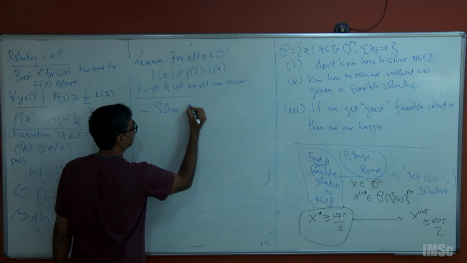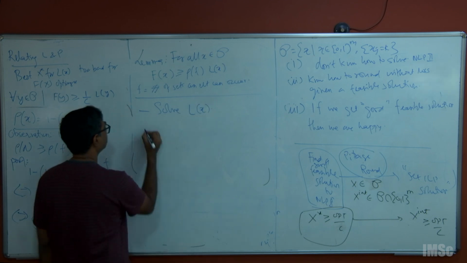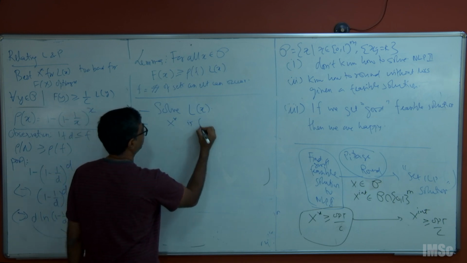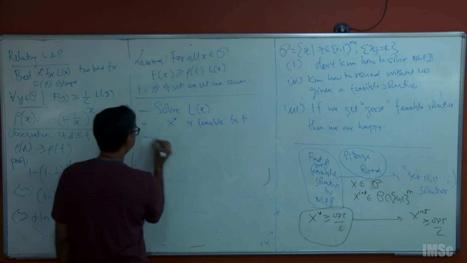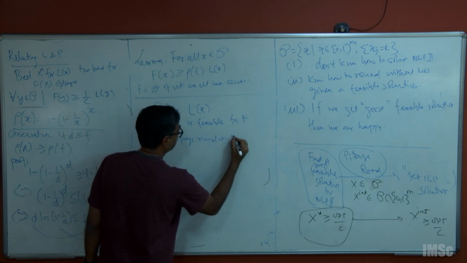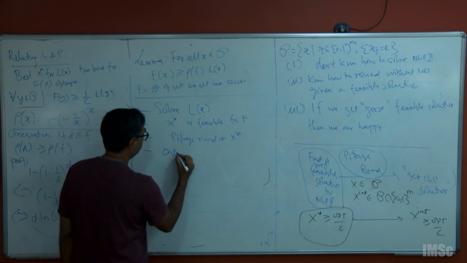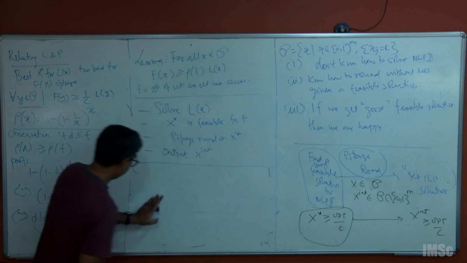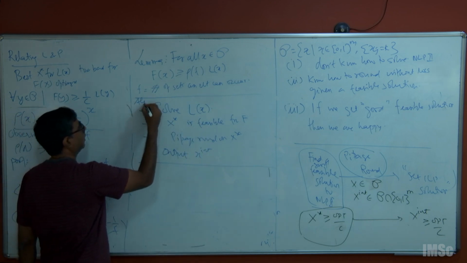I solve L of x. Look at my x star, that is feasible for f. I will do Pipage rounding on x star, and then output x integral. And as before, this is what my algorithm does.